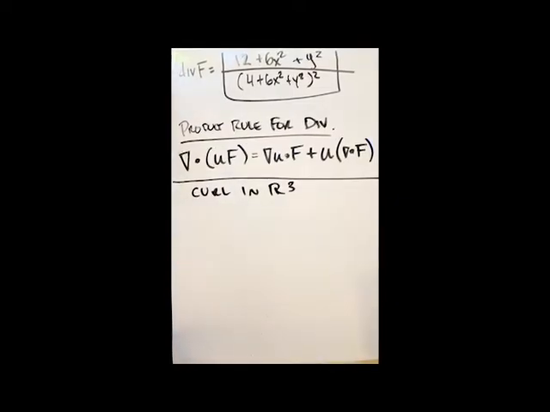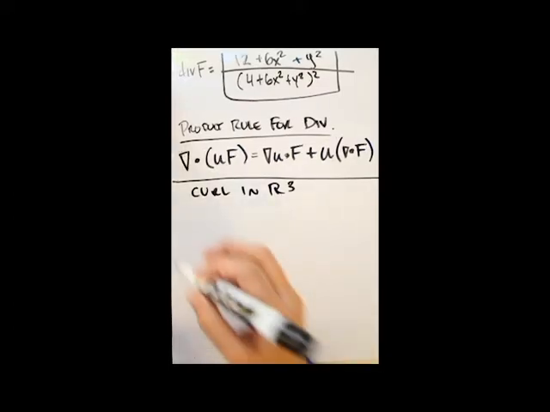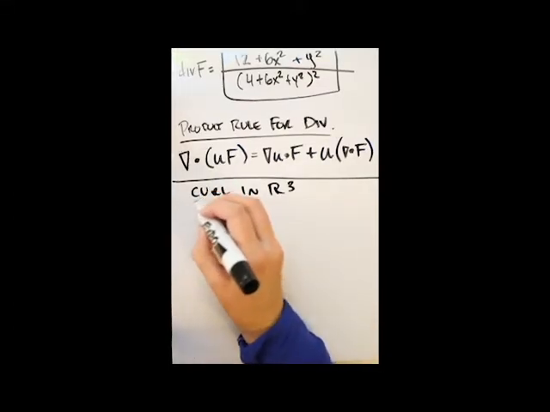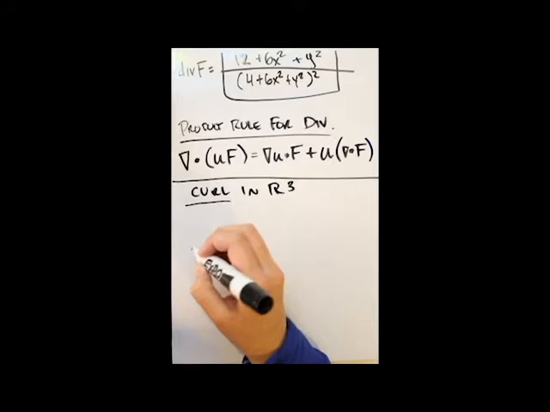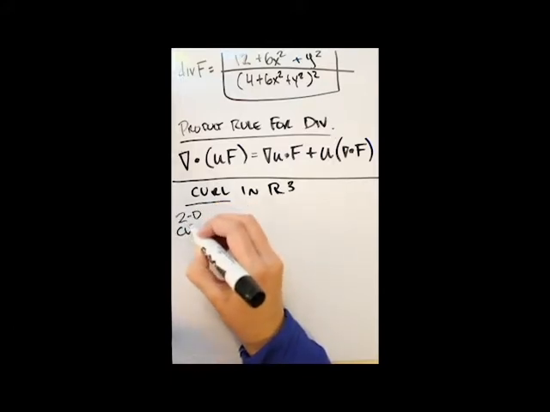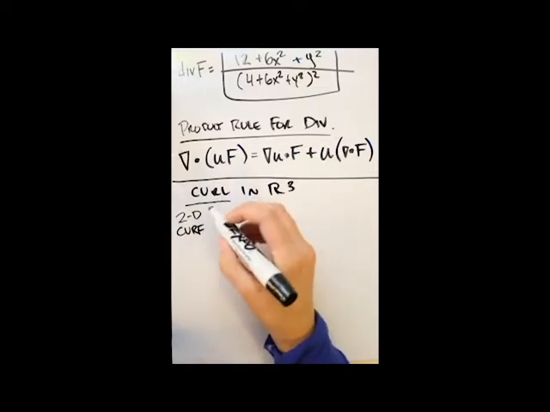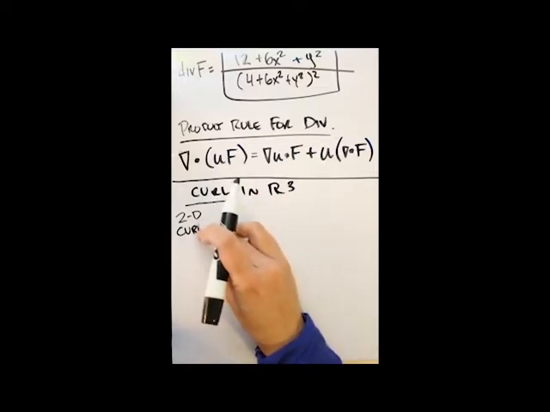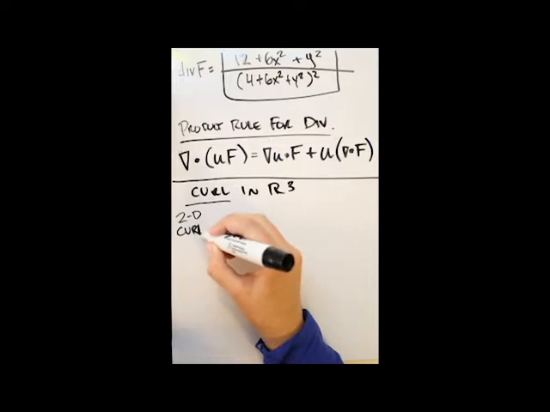Okay, so let's recall from before, we mentioned curl in the previous video about Green's theorem. The two-dimensional curl of our vector field f. So we'll just continue to define f as before for 2D.